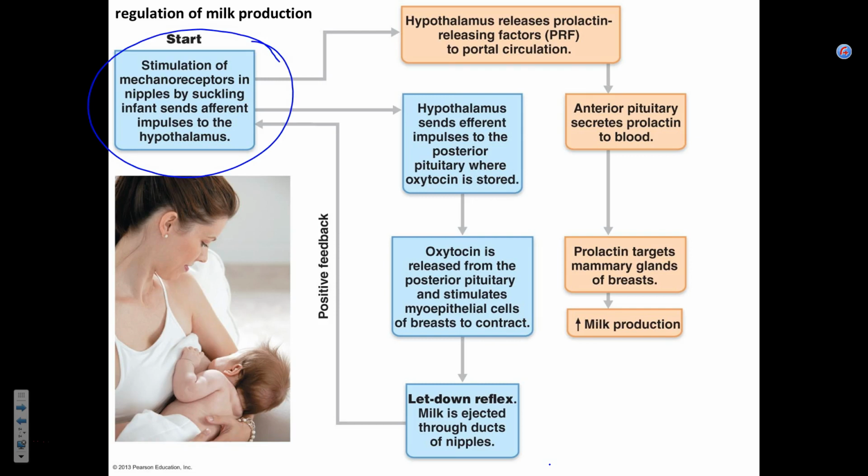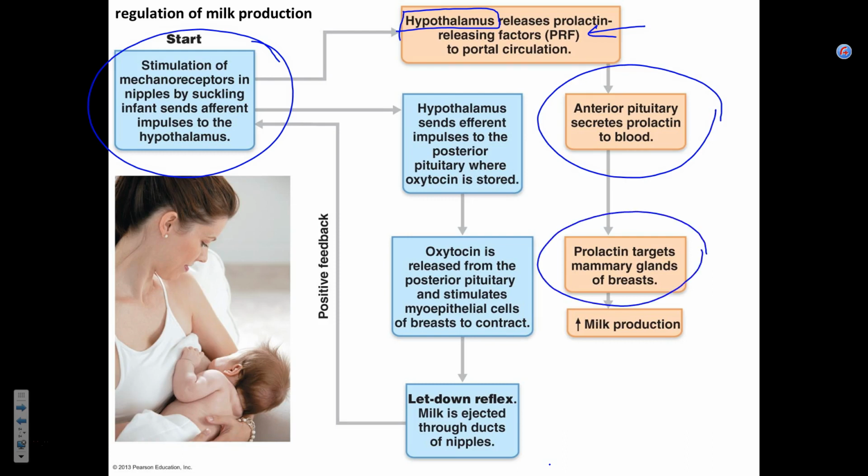First stimulus, it's a mechanical stimulus of a nipple that goes to the hypothalamus. Hypothalamus releases prolactin releasing factor. Prolactin releasing factor acts on the anterior pituitary. Anterior pituitary releases prolactin. Prolactin increases milk production. That makes sense? That's the half of the deal.